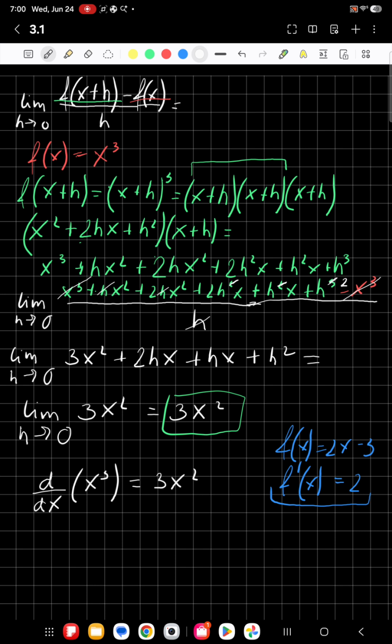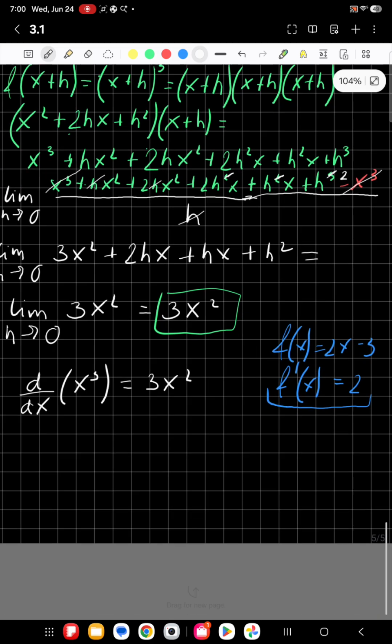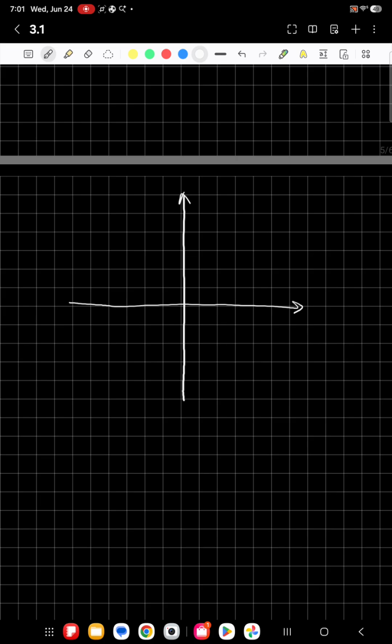All right, so now, yeah, let's calculate a couple of those slopes. So what is the slope? Let's do it on the second page, on a new page. All right, so let me sketch that graph. So cubic function would be something like this.